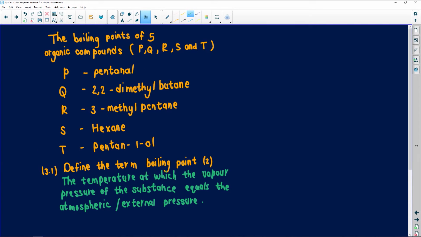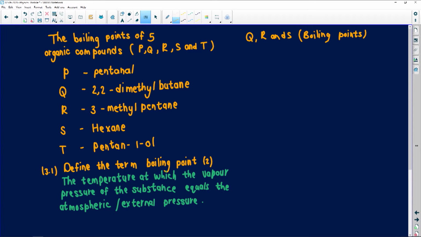So let's see the next one. I think I'm going to have to work here on the side. So this one is 3.3. Okay, first they're actually giving us a statement. I didn't see that. It says the boiling points of Q, R, and S are compared. So they are comparing Q, R, and S, the boiling points.